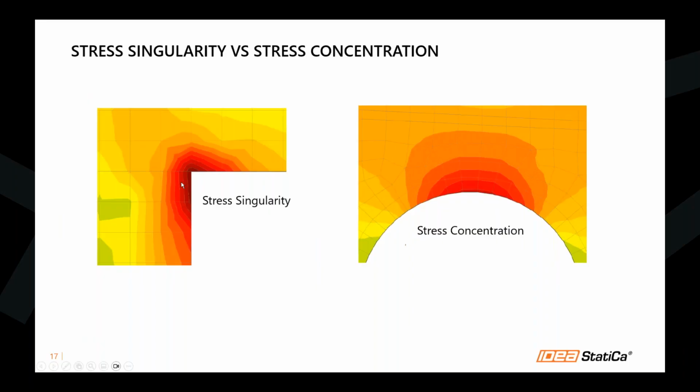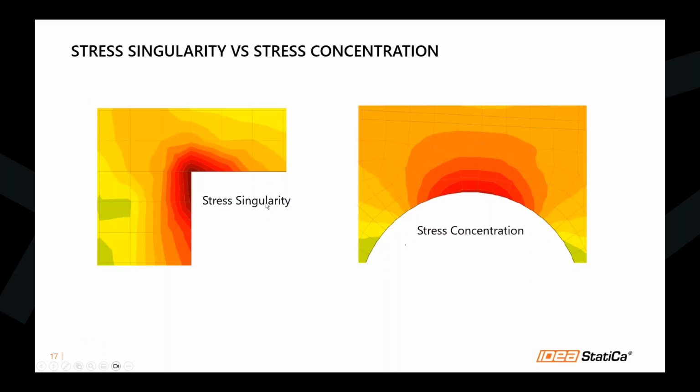It is something that we can ignore because it is a problem in the FEA analysis itself. On the other hand, if you see a stress concentration, this is something that we need to take care of, because this is really what is going on in the structure. But stress singularity is the problem of the FEA method itself, so it's not really happening.